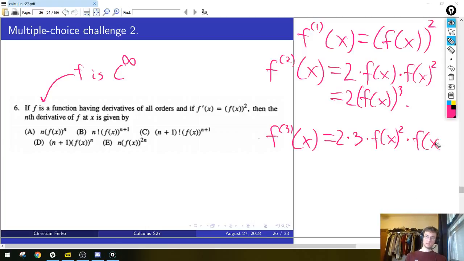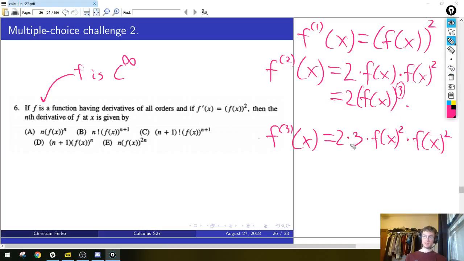Yeah. So again, we're seeing this thing happen again every time we chain rule and multiply by the derivative of the inside function. The derivative of the inside function is always going to be f squared. So every time we remove one power by the power rule, but then add 2 powers back.